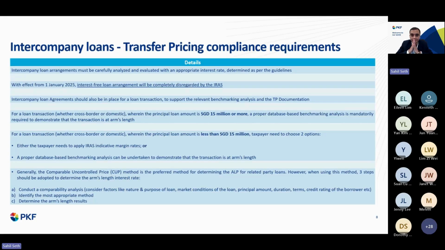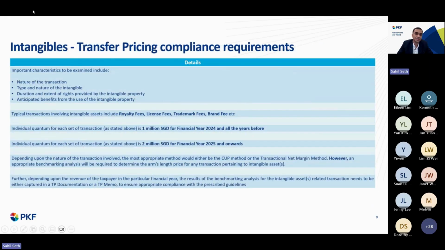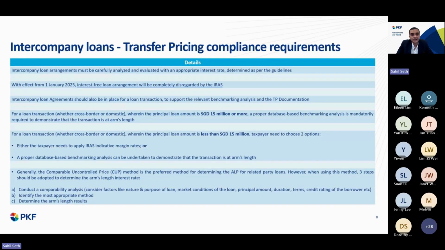So if the principal loan amount is 15 million Singapore dollars or more, then a proper database based benchmarking analysis is required, because the database analysis based results only will prove that the interest rate is at arm's length.